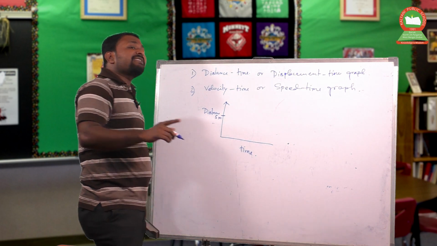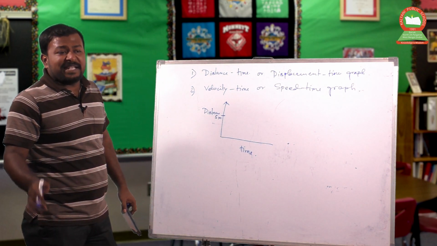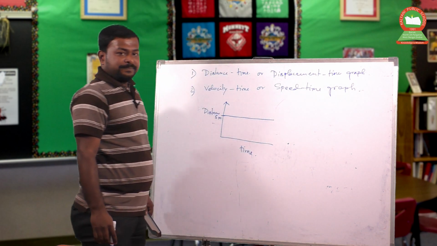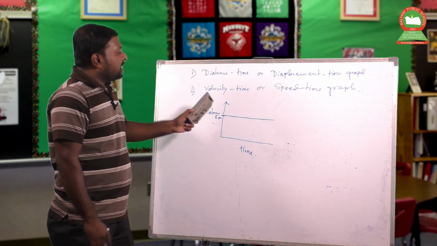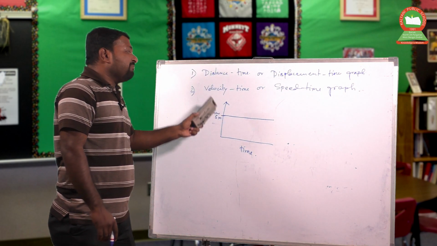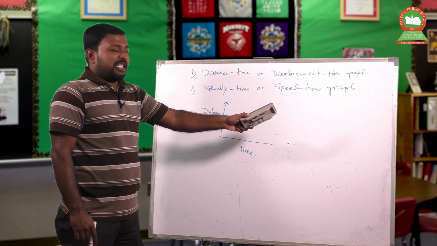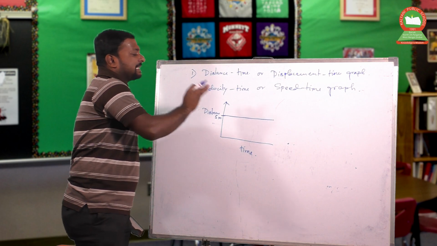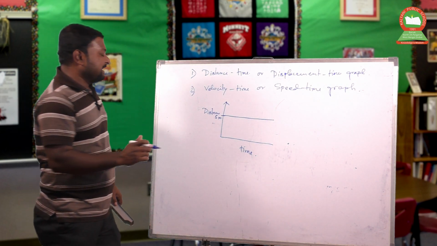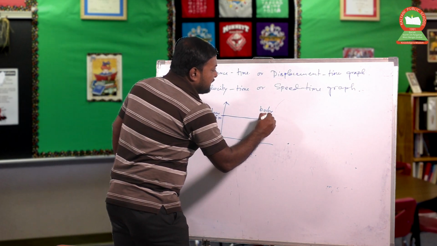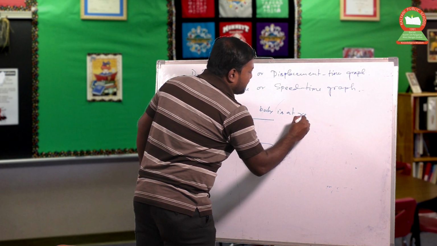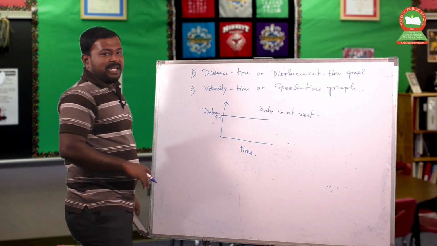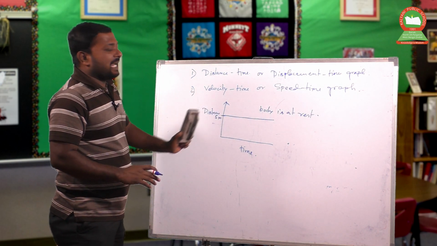As time goes on, the body doesn't displace, so it remains at 5 meters from the starting to the last point. That means the body is at rest. So this is the curve for a body at rest: a line parallel to the time axis.